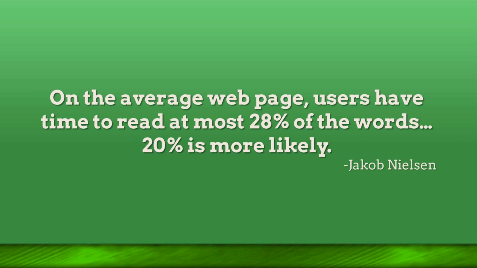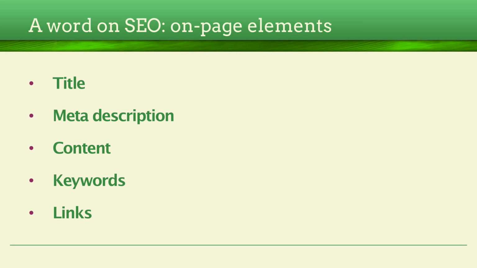There are a few what are known as on-page elements that can affect the search engine optimization of your content. So I'm going to just mention them quickly right now. Your title, which should be short and include keywords, and I'm going to break this down throughout the webinar. Your meta description. So this will involve a little bit of tech and something called meta description tags.